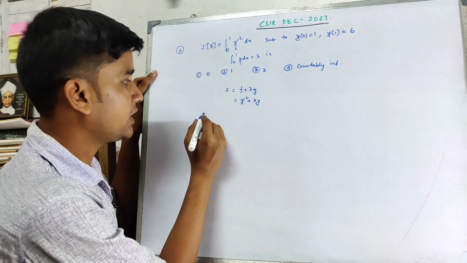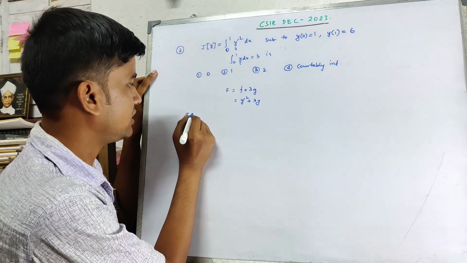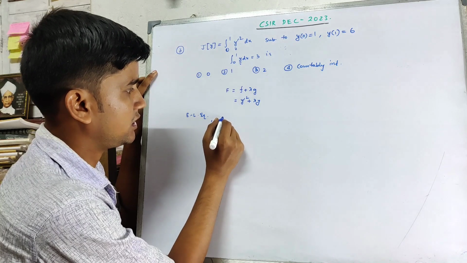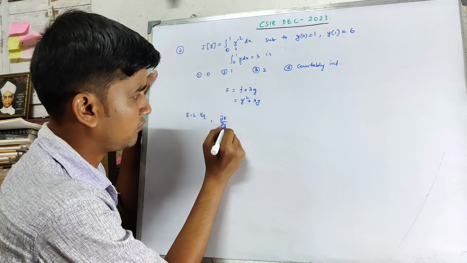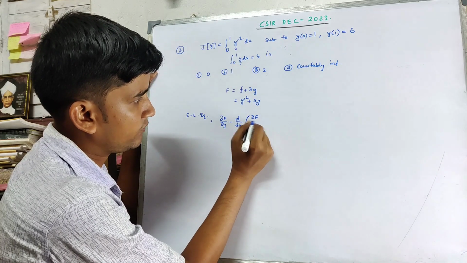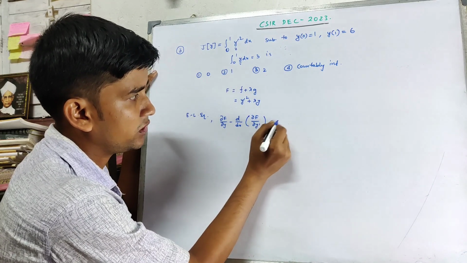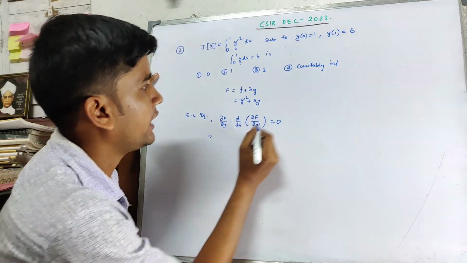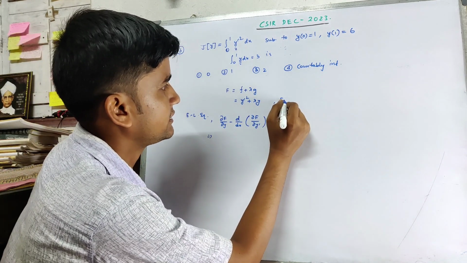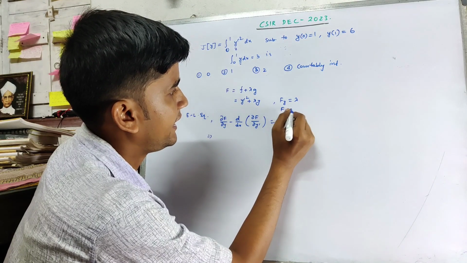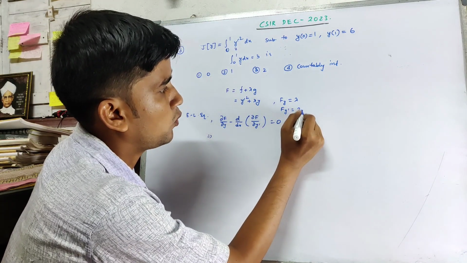Now we write the Euler-Lagrange equation. We all know that del f by del y minus d by dx of del f by del y dash is equal to 0. So f y is simply lambda, and f of y dash is 2y dash.